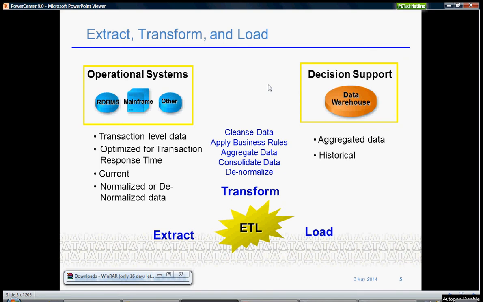They all use ETL tools like Informatica. There is a variety of tools in the market like Informatica, DataStage, Ab Initio, and Hummingbird, which is an open source ETL tool. Why people go for an ETL tool is that it is very easy to manage and very easy to understand compared to traditional programming languages.